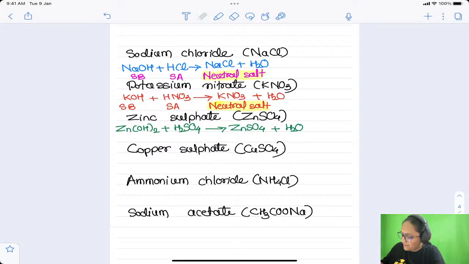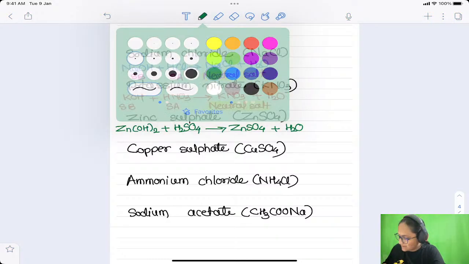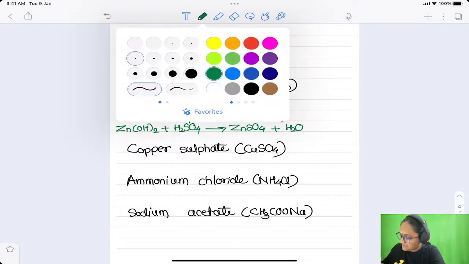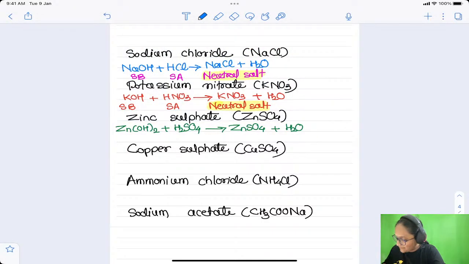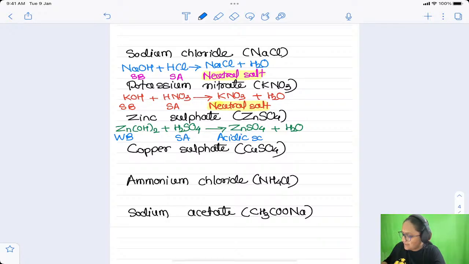Zinc hydroxide is a weak base. H2SO4 is a strong acid. Therefore we are getting here acidic salt. Strong acid, acidic salt.